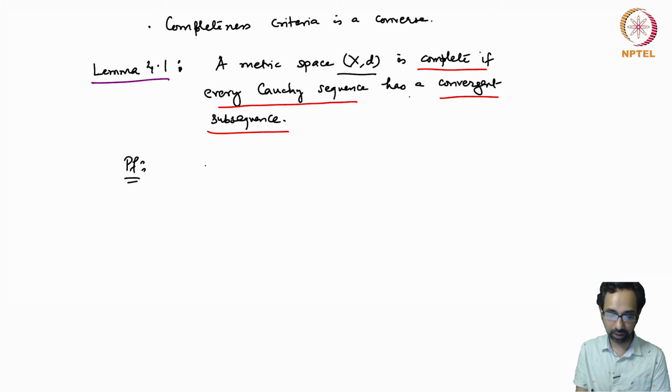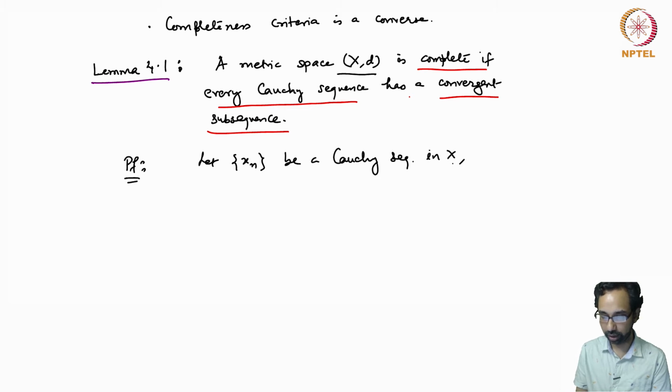And so we start with a Cauchy sequence (x_n) in X, and let epsilon greater than 0 be fixed.